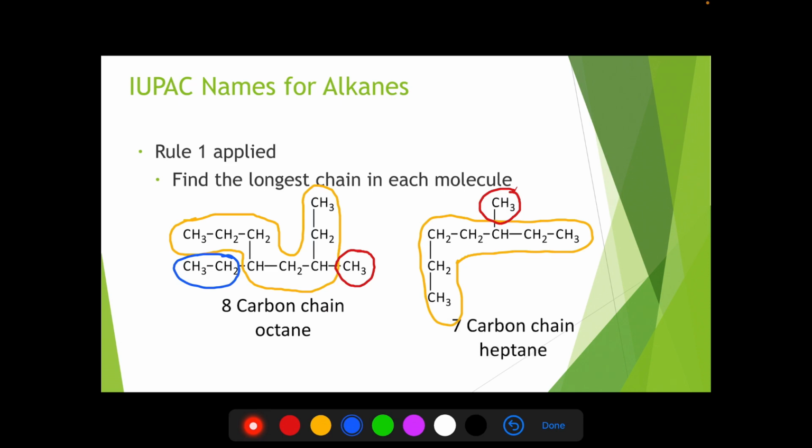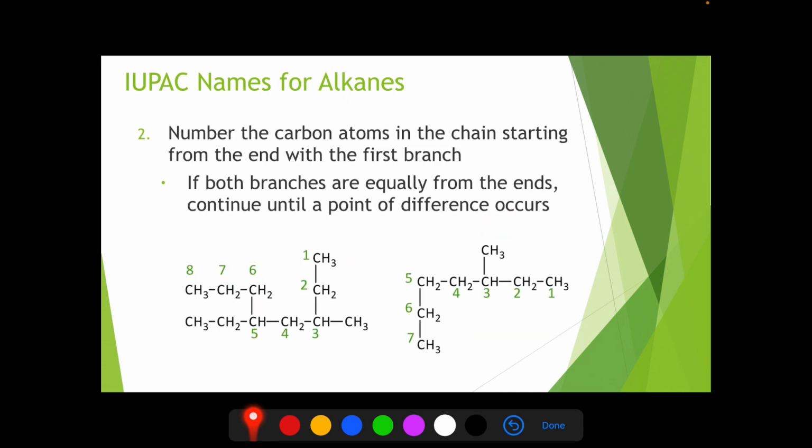So this is the 8 carbon chain or the octane, and this one is the 7 carbon chain or the heptane. Well, the next rule we're going to learn about is numbering them, and you actually are going to number these in this direction. The reason that you number them in this direction is because you're looking for it to branch first. So if you were to number it in the other direction, it wouldn't branch as early.